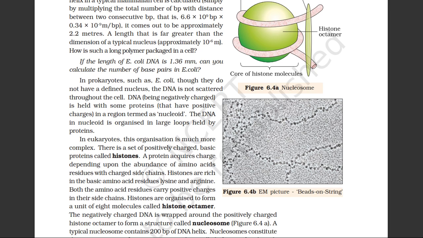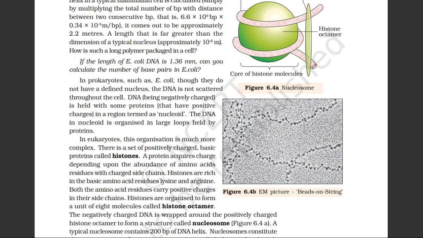Histones are organized to form a unit of eight molecules called histone octamer. The negatively charged DNA is wrapped around the positively charged histone octamer to form a structure called nucleosome, figure 6.4a.